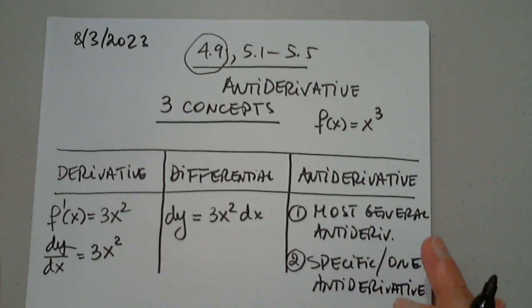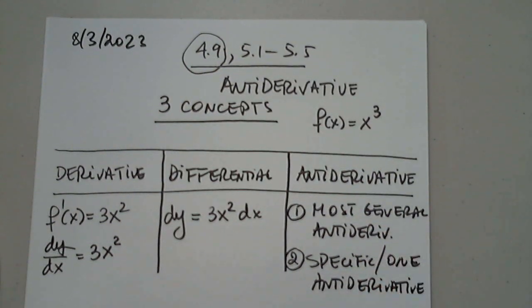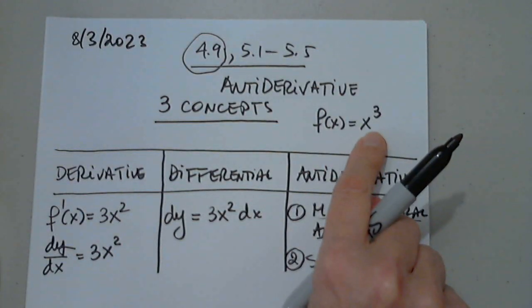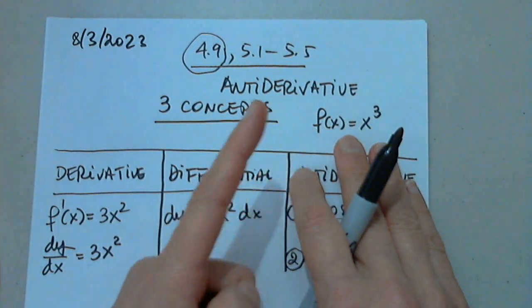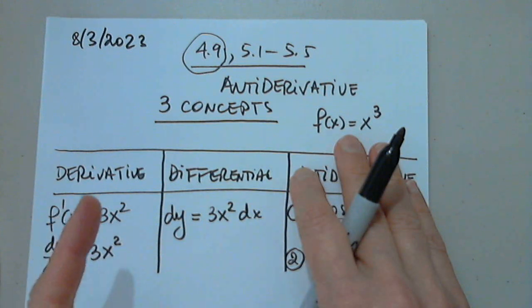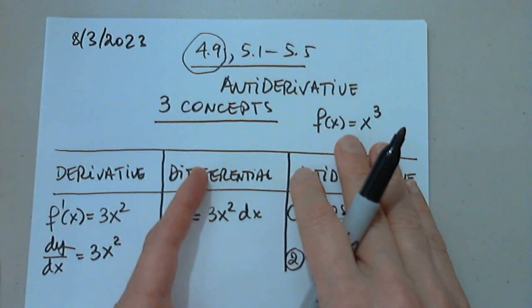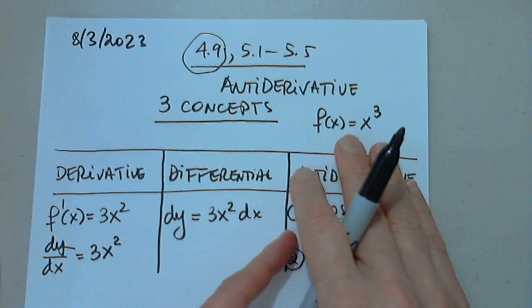Is there a difference? Yes, there is a difference. This one will give us a family of functions whose derivative is this. And you can say, wait a minute. You gave us a function, you asked us to find the derivative, you asked us to find the differential. Now you're talking about something else.